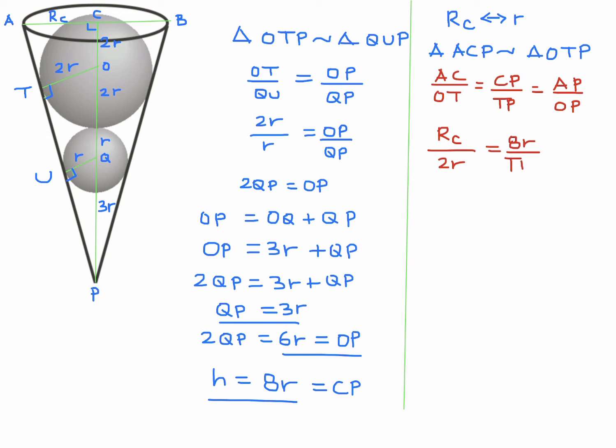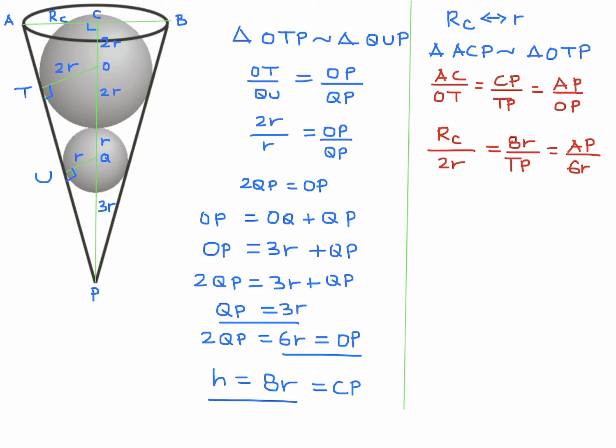So I'll just leave TP for now. AP, again, I don't think I have anything for AP just yet. So I'll just put in AP for now. And then OP, now that one I have from O down to P, that's going to be 2 plus 1 plus 3, and that's 6R. Okay, so that's a pretty good set of findings.